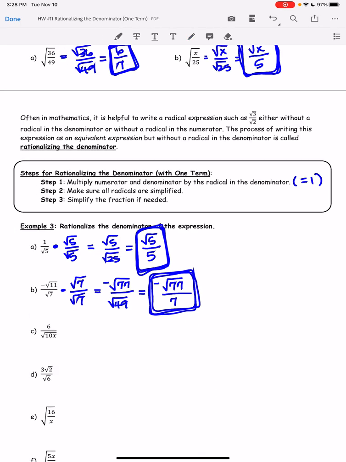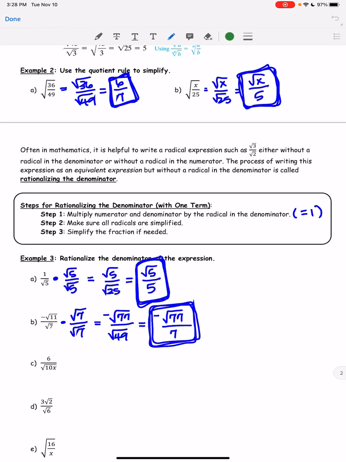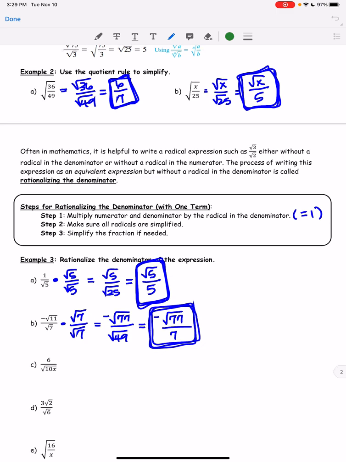I can't simplify if 1 5 is inside a radical and 1 5 is outside of a radical. Same thing here. It's tempting to divide them both by 7. But again, 1 is inside of a radical and 1 is not. So make sure you're not simplifying insides with outsides.